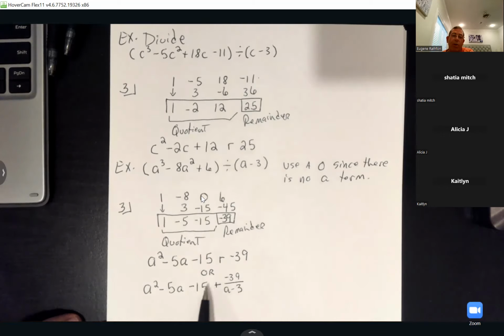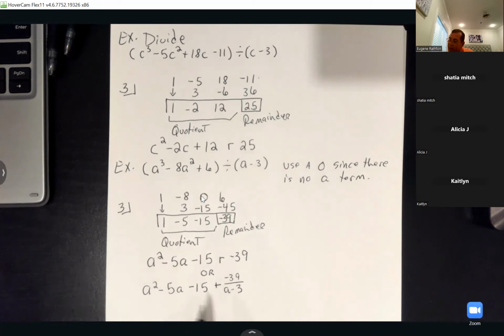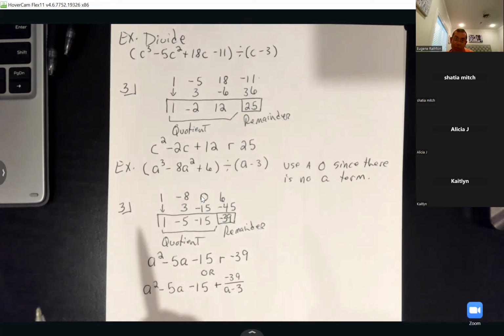So this one, they want you to realize that you can write this all as a single polynomial if you put the remainder over what you divided by, okay? And y'all, that's the only one I think that they do that to. And this is just to get you sort of ready for some of the stuff you might see in college algebra.